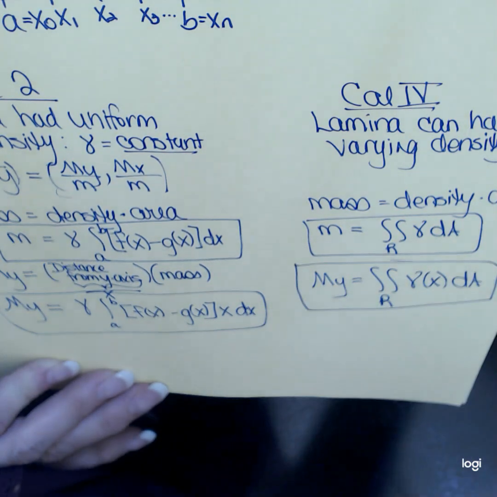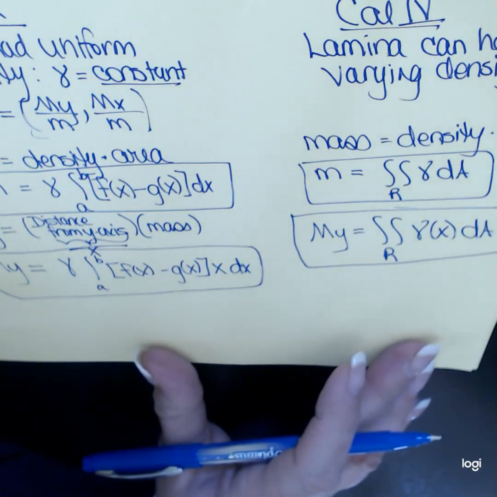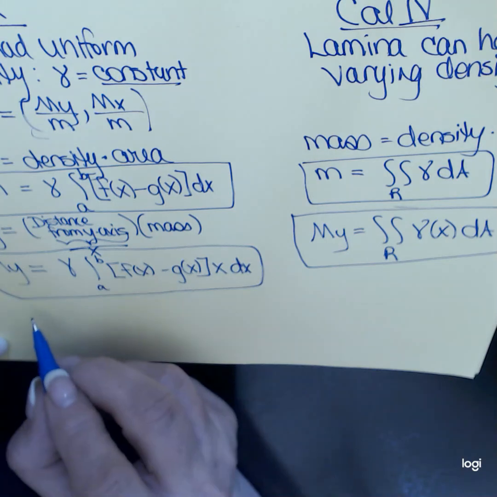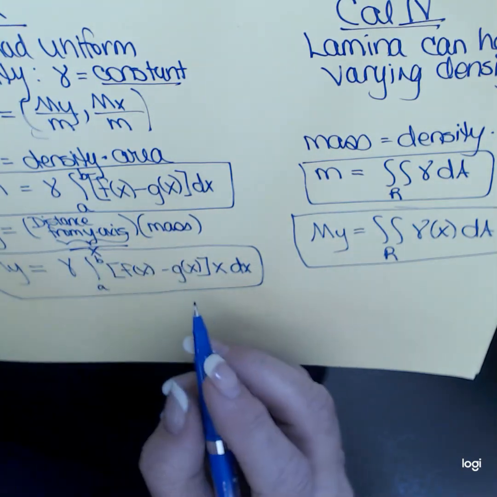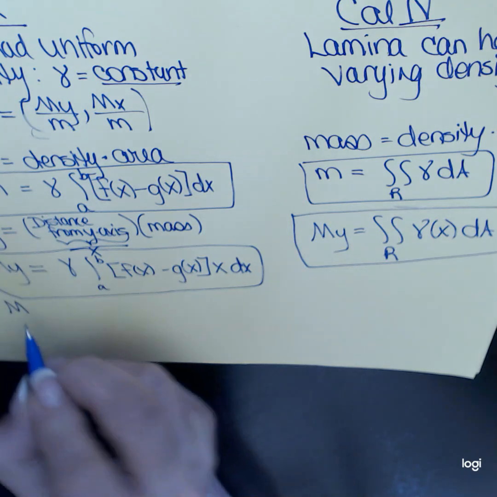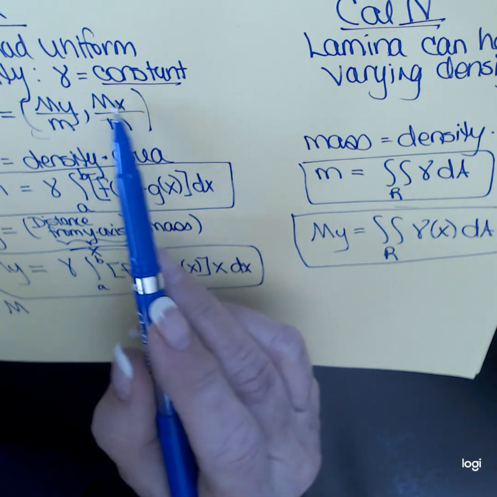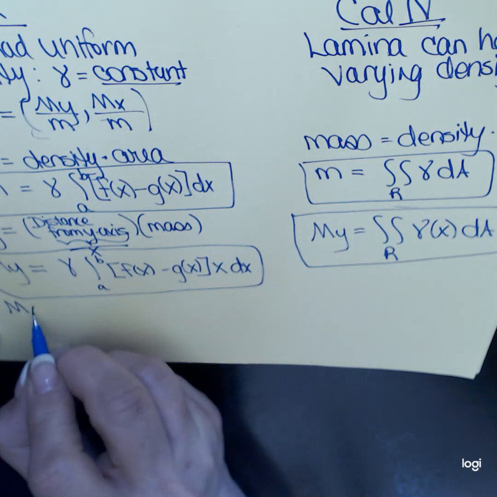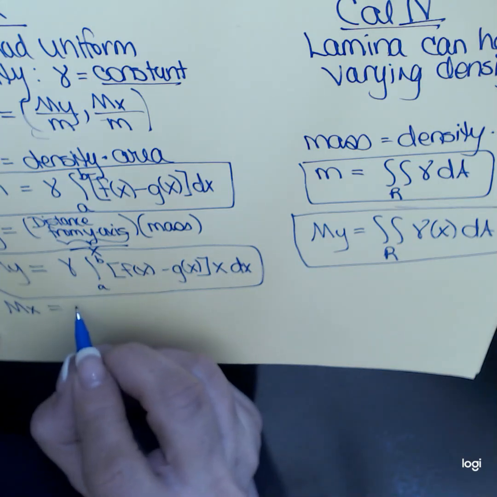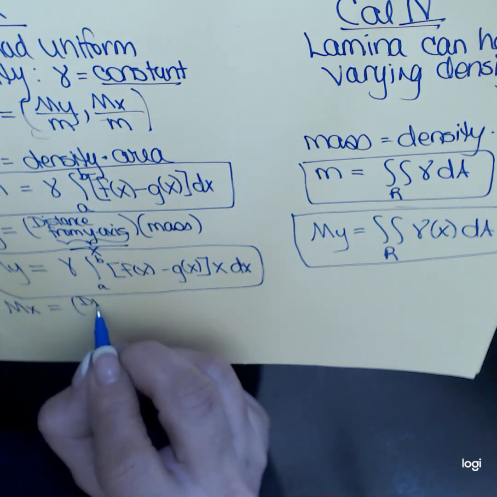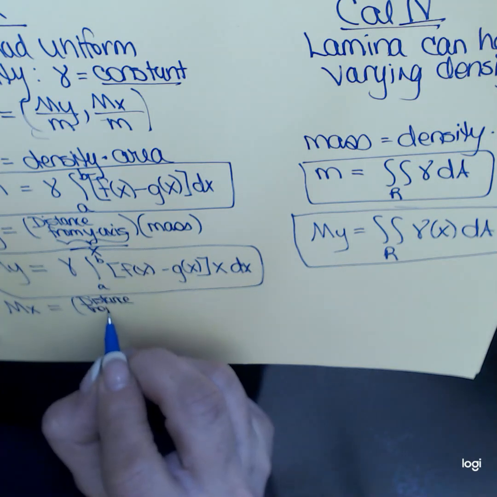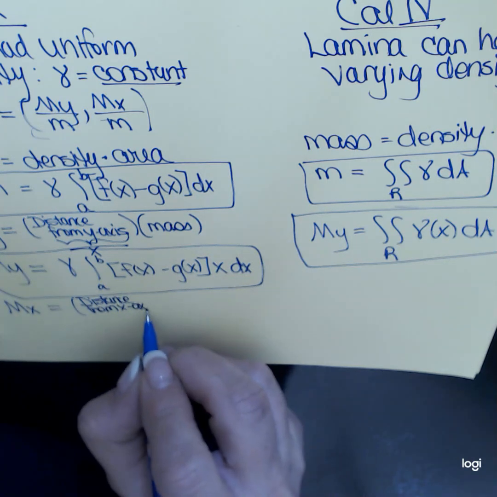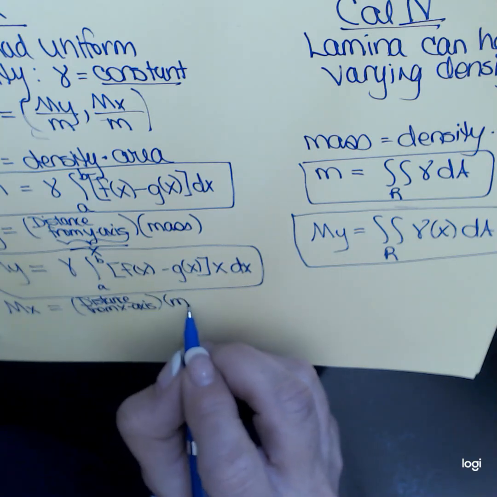So far, we haven't done a whole lot other than to change the way we calculate the area in our system. Now, if we go back and we think about Cal 2, though, this was not the problem calculation. The problem calculation was the other one we needed, which was the moment about the x-axis, because the moment about the x-axis is defined to be the distance from the x-axis times the mass.